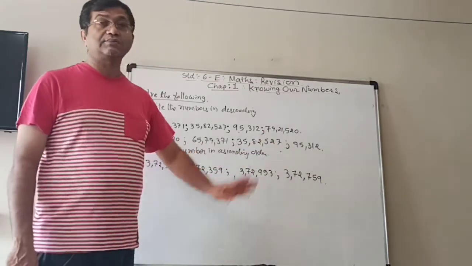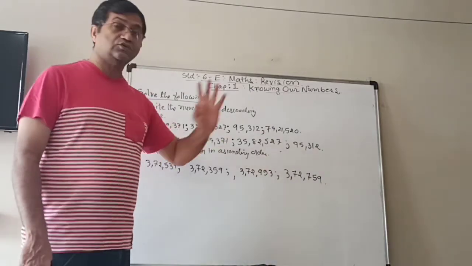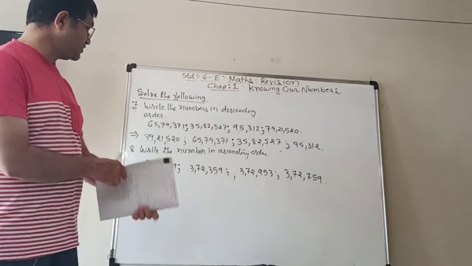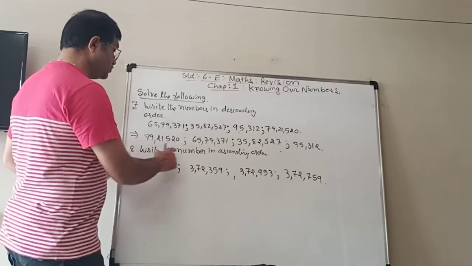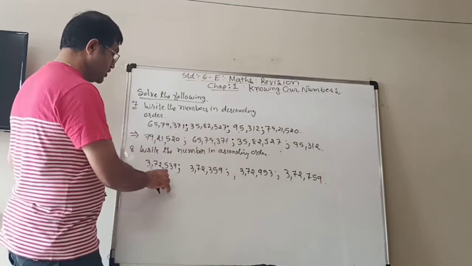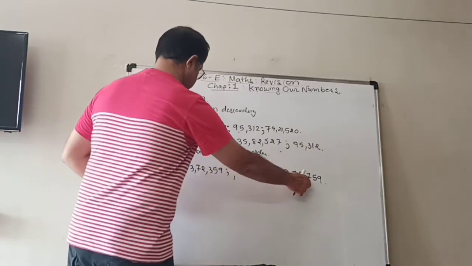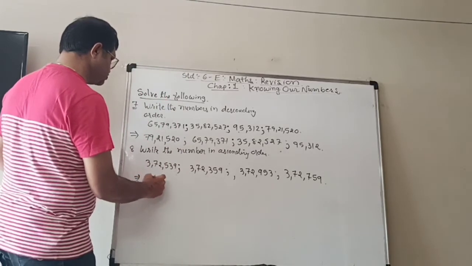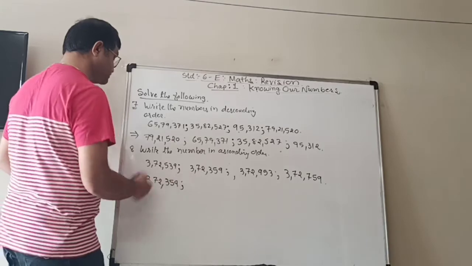3, 3, 3, same. Then go to the second digit. 7, 7, 7, 72, 72, 72. So we have to go to the next digit. So now the next digits are not equal. So we have to write down in ascending order the smallest one. So here it is 5, 3, 9 and 7. So 3 will be the smallest one. So 372,359.